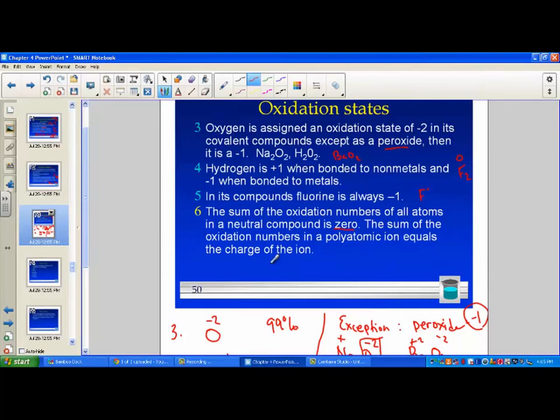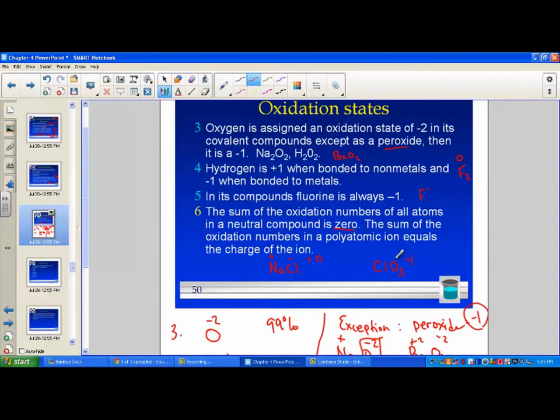So for instance, let's suppose I have a neutral compound, NaCl, sodium chloride. The number of positives electrically balance the number of negatives to give us 0. Suppose I had a polyatomic ion, I'll just make up chlorate, ClO3, -1. The sum of the two oxidation states, one would come from chlorine, one would come from oxygen, their sum would give me -1 overall. By the way, what would the oxidation number of chlorine be?